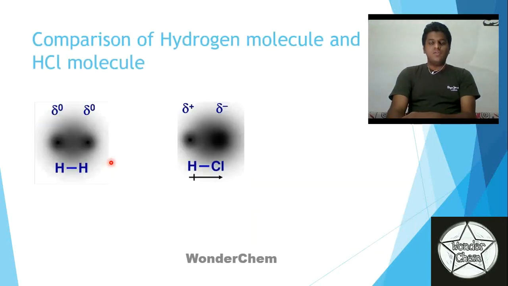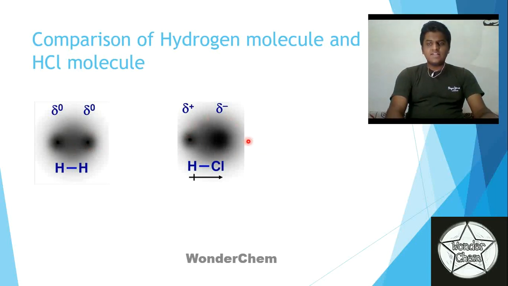Now I wanted to compare this regular covalent bond, where there is no partial positive or negative charge, with the HCl molecule. These two are covalently bonded. If you are wondering what this blurred region is, it is nothing but the electron density. Amongst two hydrogen atoms, you can see that it is a symmetric molecule and the electron density is clearly shared.